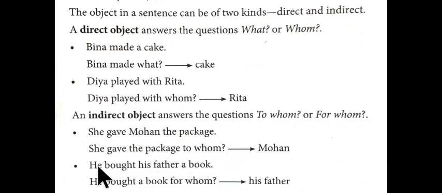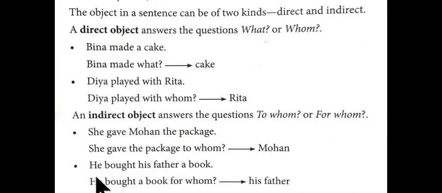Other example, students, he bought his father a book. Okay, so again students, I told you, in order to get the indirect object we have to ask the question to whom or for whom. So let's read it. He bought his father a book.